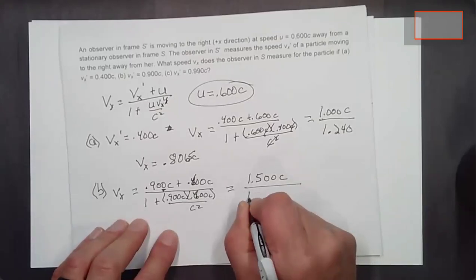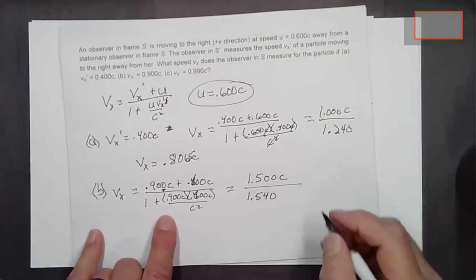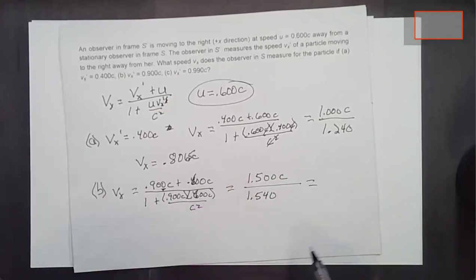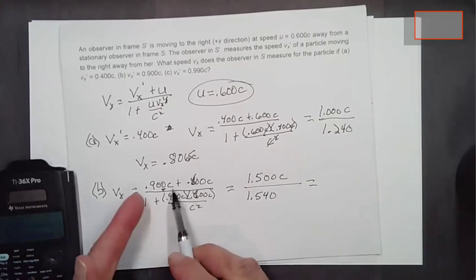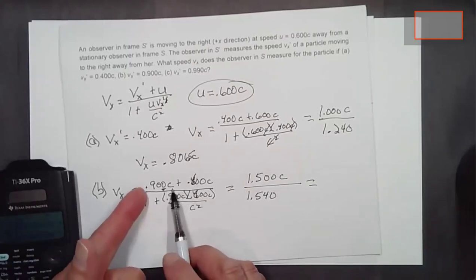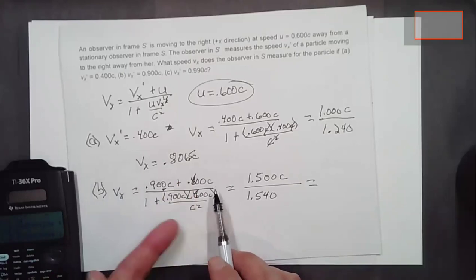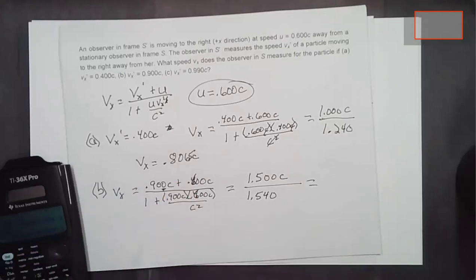So on the bottom, we'll have 1.540 to 4 significant figures. And again, this thing's bigger than that. So we're not going to be going the speed of light still, even though that thing's leaving the primed coordinate system at 9/10 the speed of light, which is moving at 6/10 the speed of light away from the unprimed system. Still doesn't happen.